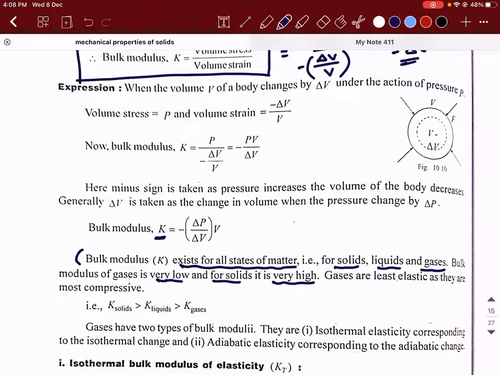Why is the bulk modulus for solid very high? Because you need more amount of pressure to be applied to compress it. Right. Secondly, gases are more elastic as they are more compressible, right? So the bulk modulus of solids is greater than the bulk modulus of liquids is greater than the bulk modulus of gases. So you can mark this as important.